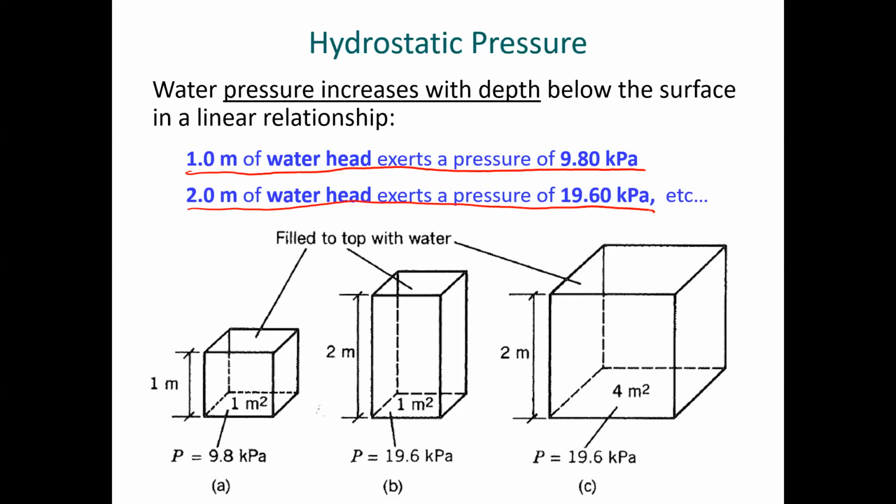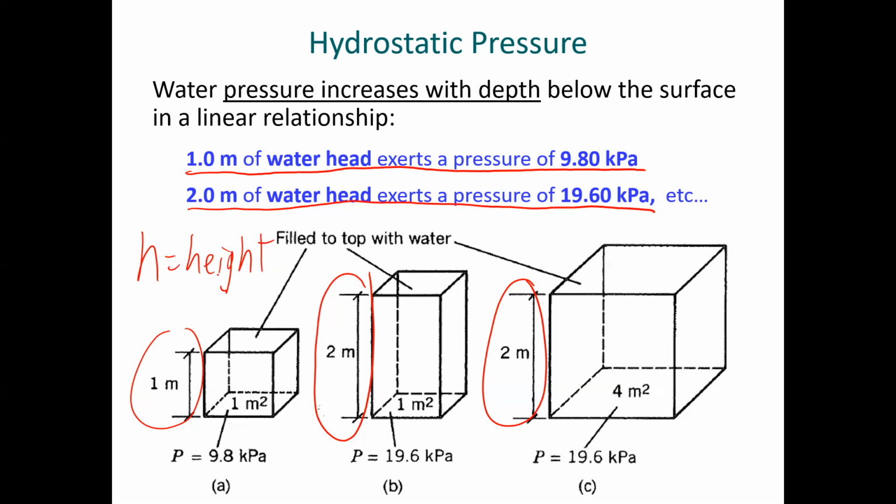So if you take a look at the bottom of the screen, there's some diagrams, and you can see we have some containers. And notice the volume of the container doesn't matter. All that matters is the depth. And often in many cases, we're calling the depth H. H for height of water.